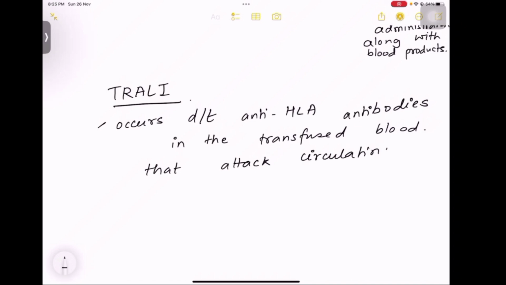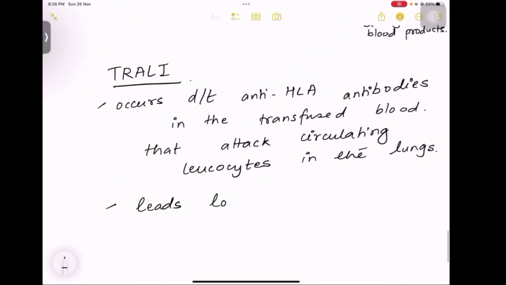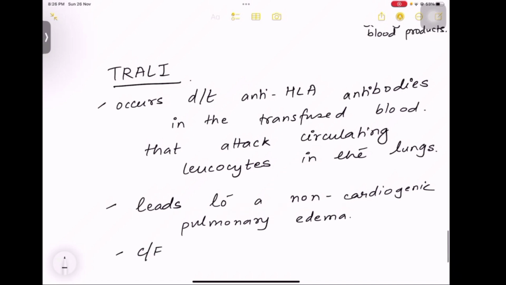Next we move on to the TRALI. This occurs due to anti-HLA antibodies in the transfused blood. Suppose the transfused blood is having anti-HLA antibodies and that is given to the patient, which will cause TRALI. This will attack the circulatory leukocytes in the lungs, and this leads to a non-cardiogenic pulmonary edema within 6 hours of transfusion.